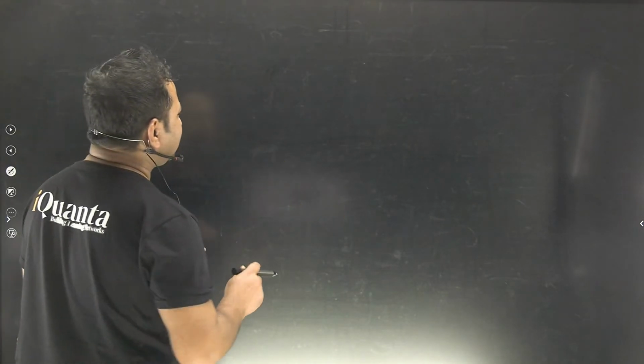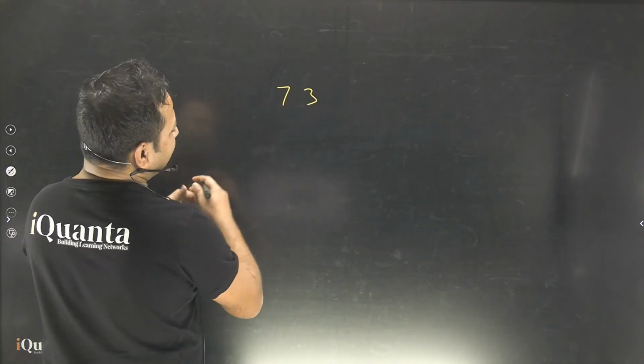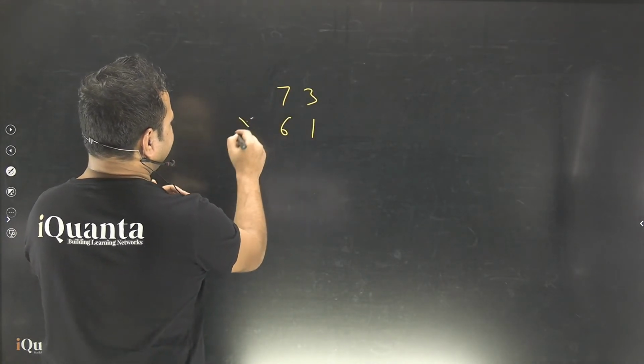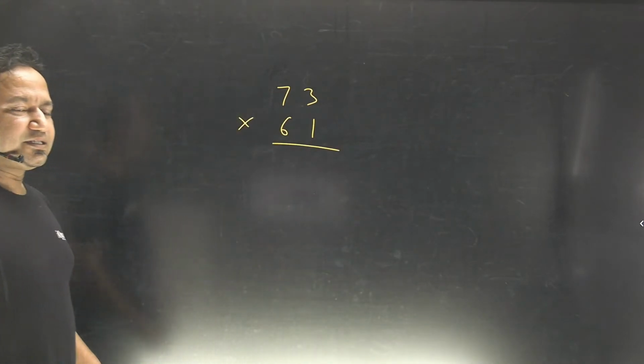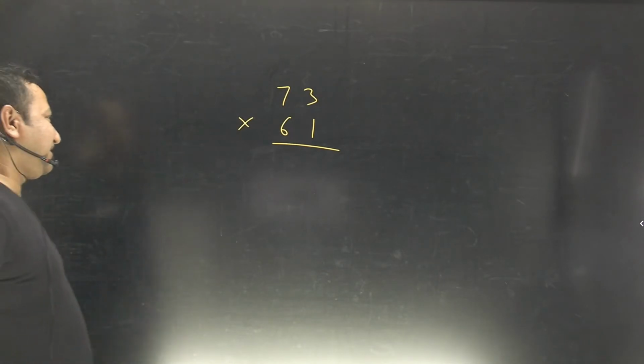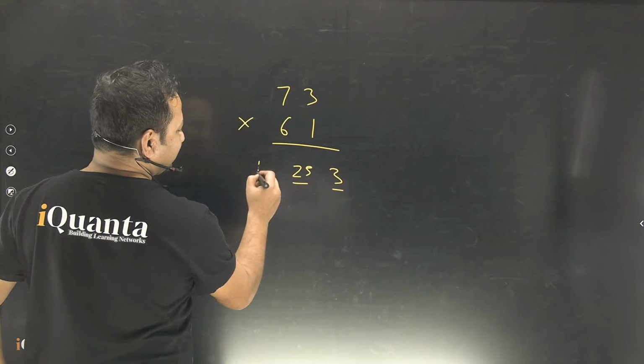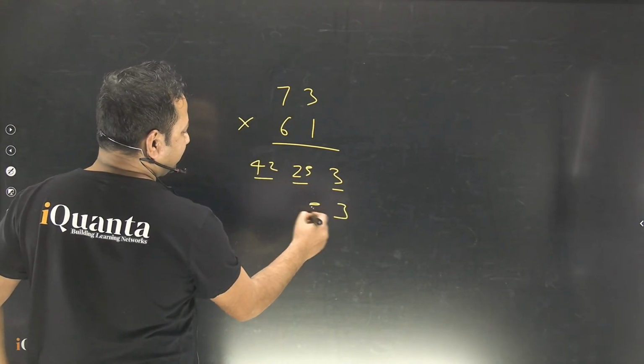One last. Any random number, 73, it's a prime number, and 61, again a prime number. Okay, tell me, what will be the answer? Simran, yeah, it's fun actually. See how quick you can do this.